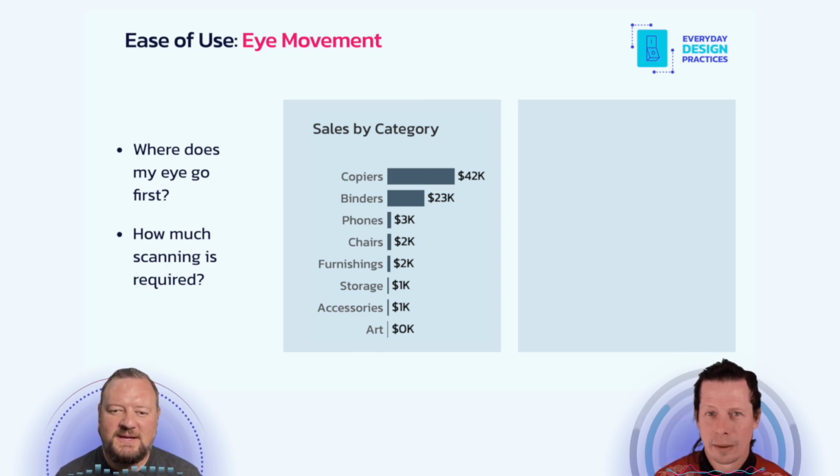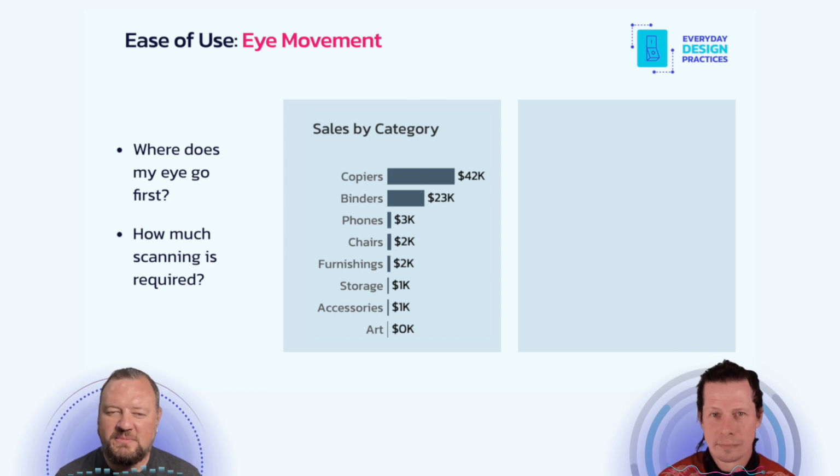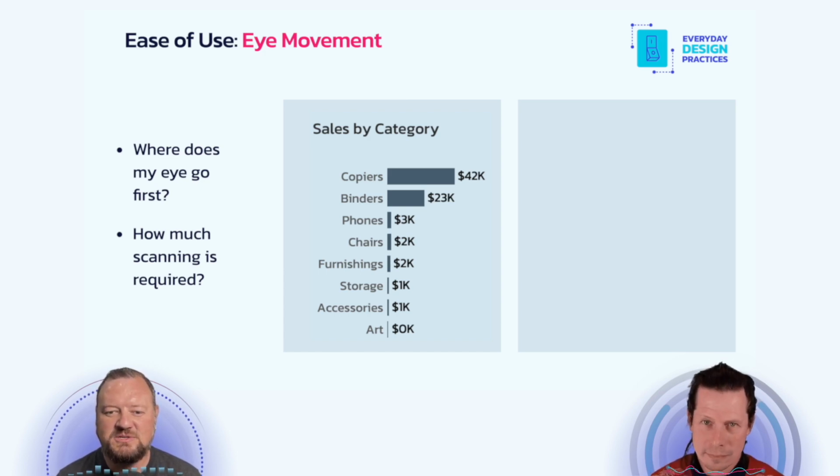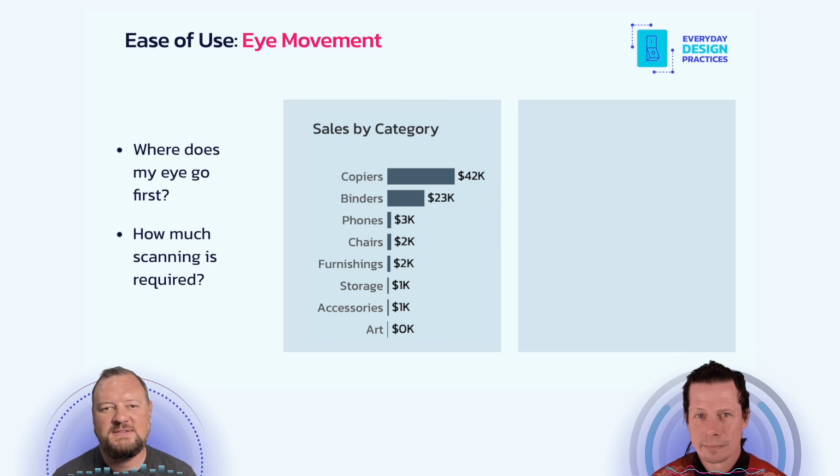So let's take the chart that we've seen a few times already in this series, sales by category. We're looking at this bar chart. I've added a little bit of information on this now because inevitably people don't want to see just a label and a rectangle. They want to know the actual number. And oftentimes that's because there's still a huge audience that is not familiar with looking at things visually.